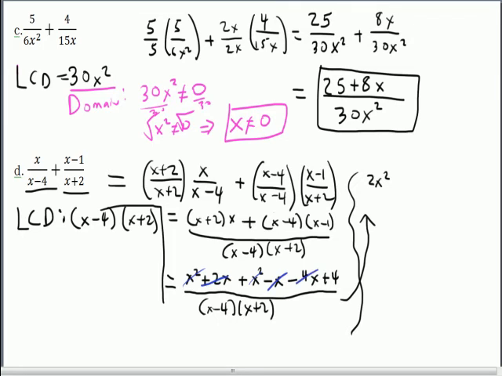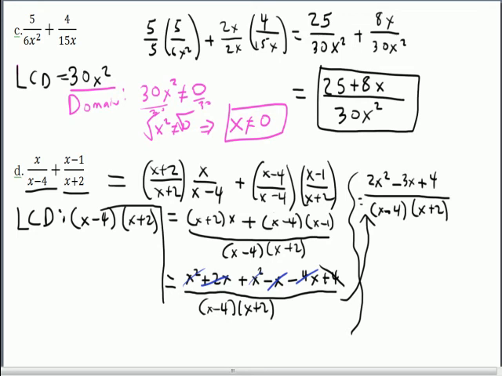So 2x minus x is x, minus 4x is a negative 3x, and then the only constant term I have here is the 4, plus 4, all over (x minus 4) times (x plus 2). The denominator always just coming along for the ride.